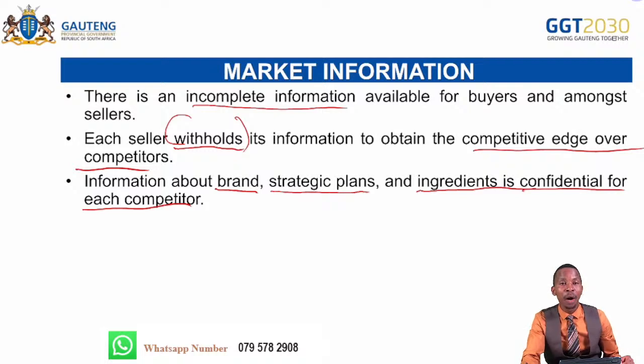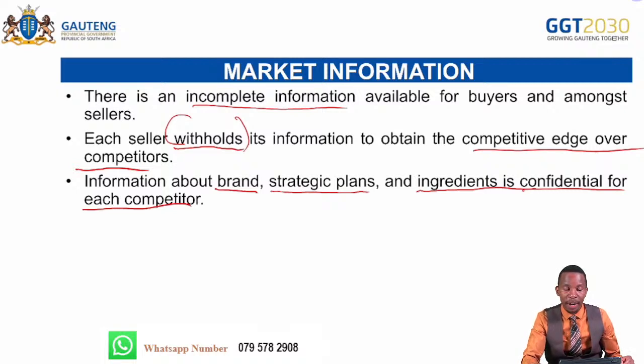They don't give them away because if they do, they might lose their market to other firms that might be coming in. So it is very important they keep their ingredients secret and confidential to ensure that competitors do not simply access that information in order to compete with them.